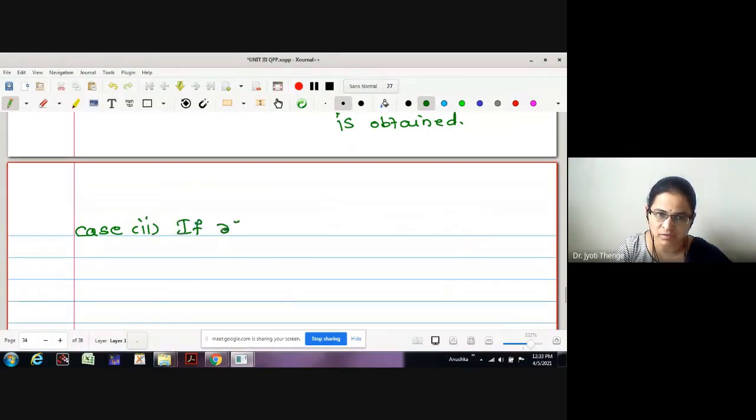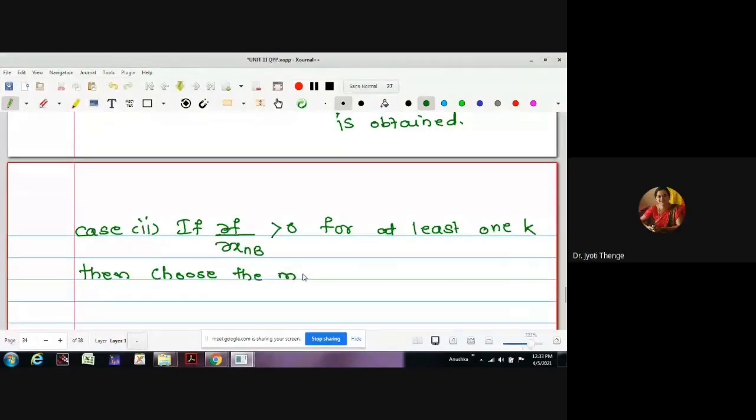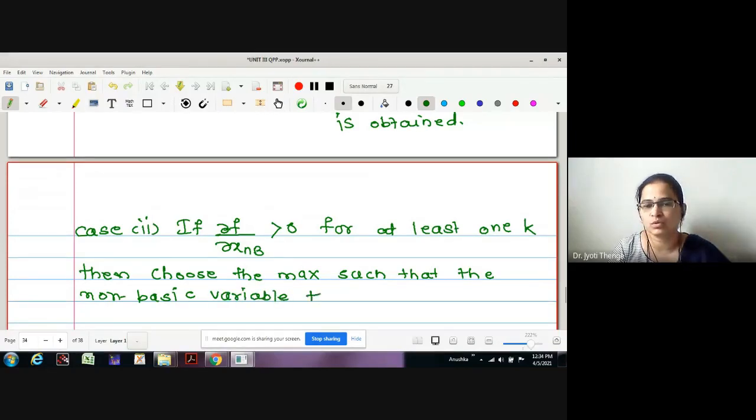If ∂f/∂x_nb is greater than 0 for at least one k, that is at least one variable, then choose the maximum, such that the non-basic variable enters the basis. Now why have we selected the maximum here?